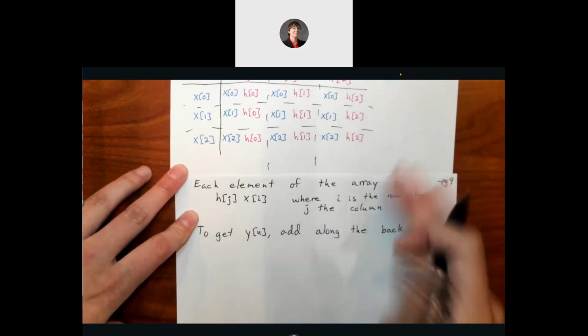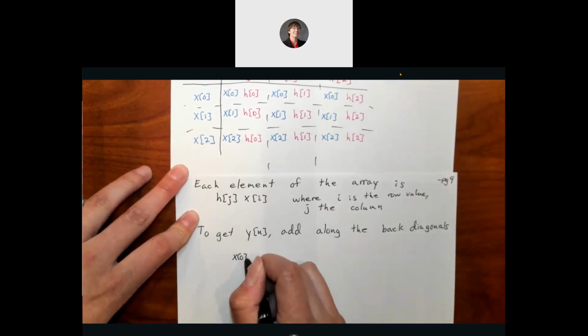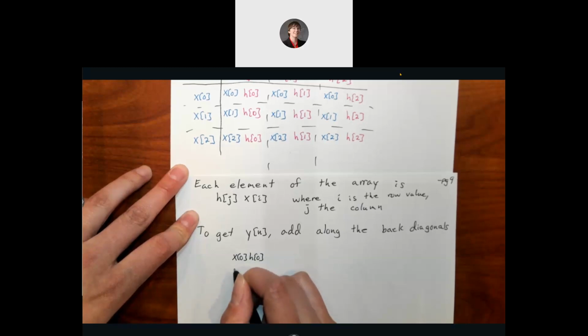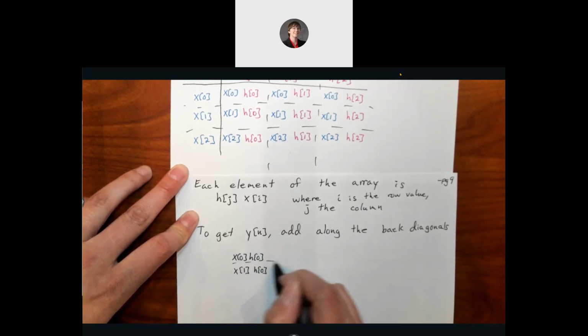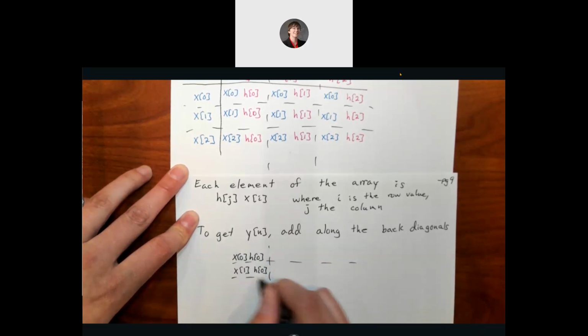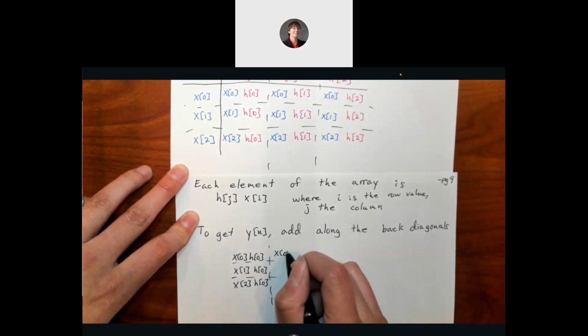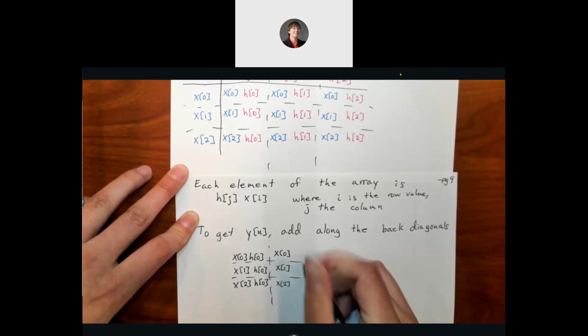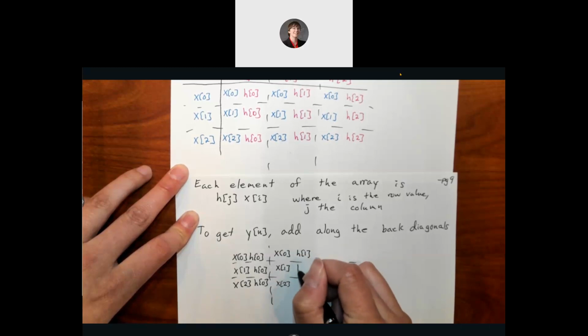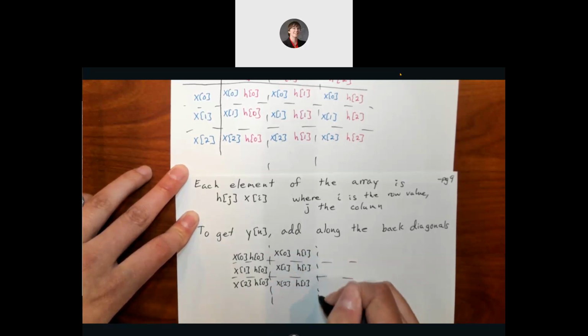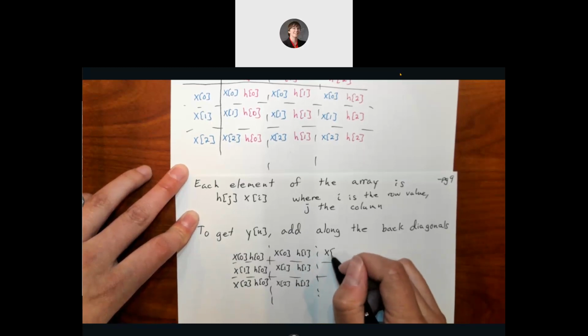So if I rewrite this form here, your array has to have x0 h0, x1 h0, x2 h0, and so on.